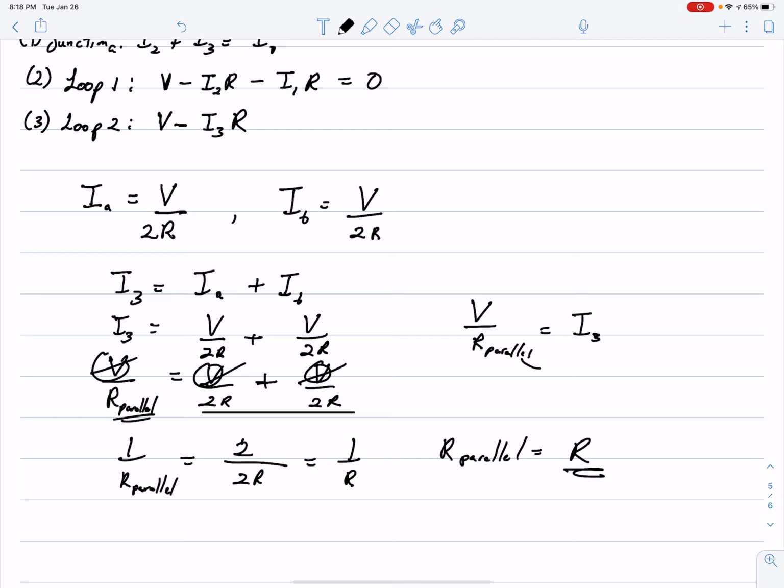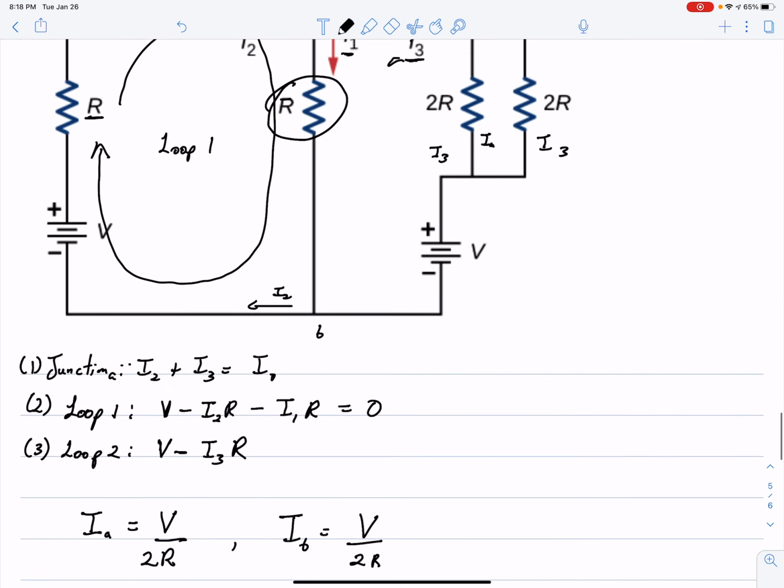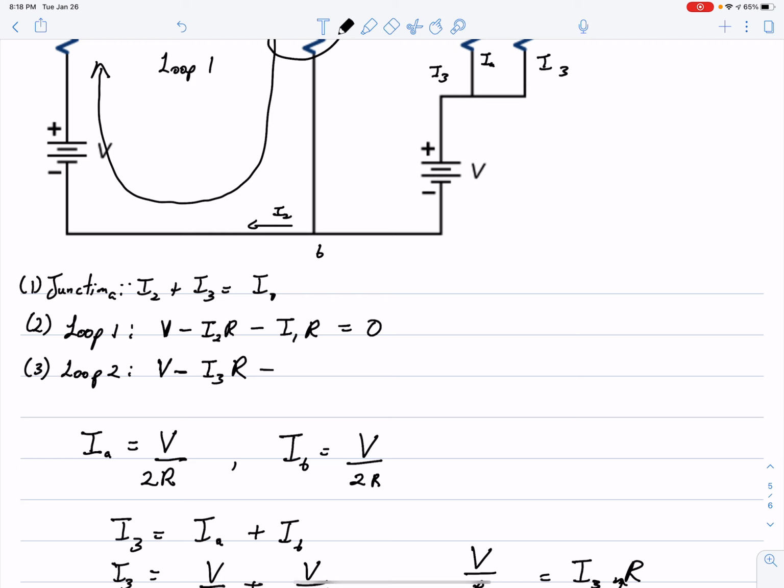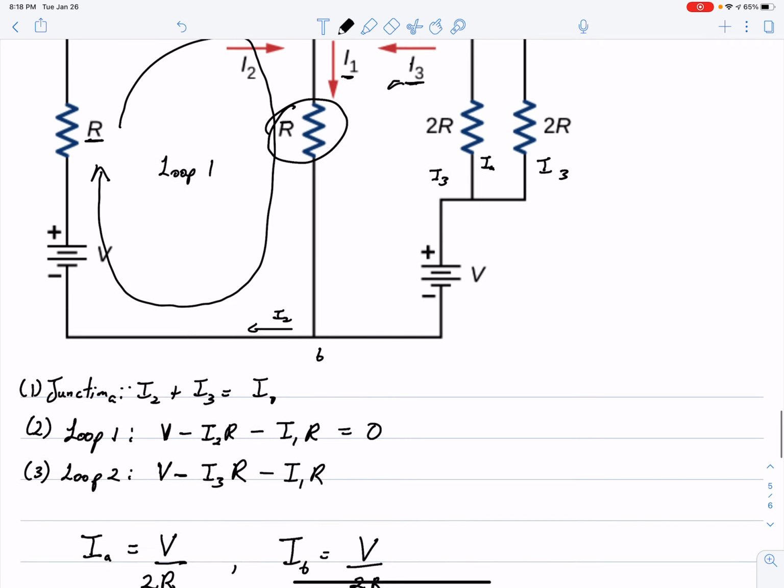I just bring the R parallel to the other side, which is R. And that's how I got the value. So I3 times R minus I1 times R, and that all equals 0.